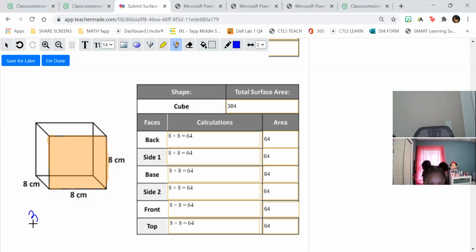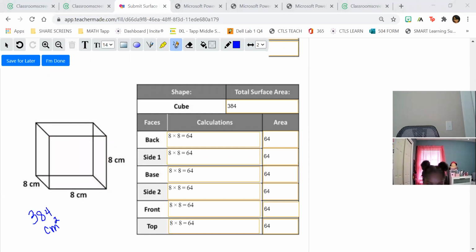So this will be 384, and I see that it's centimeters squared. But that one was a pretty easy one. So now let's go to the next one. I'm going to clear this one.